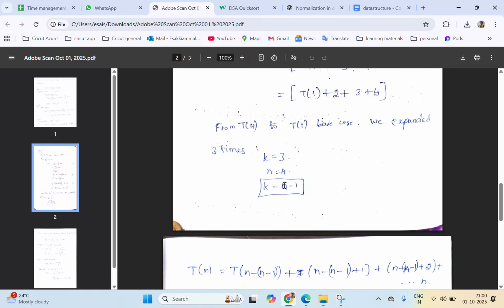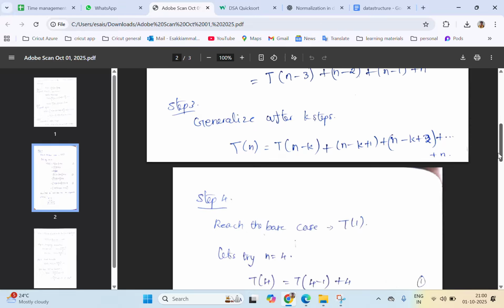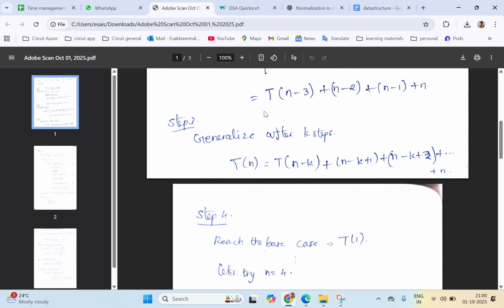Now we apply k equals n-1 to the generalized formula we formed after k steps.